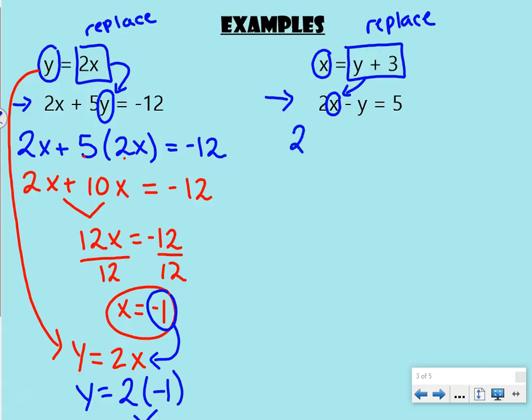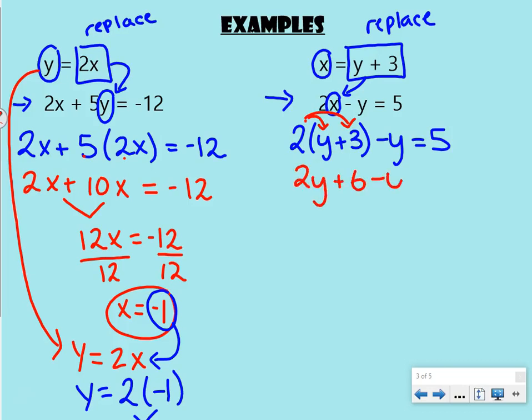So we say 2 in parentheses, y plus 3, minus y equals 5. You see how I continued the equation? We keep writing it. Now we solve. Distribute the 2 to the y and to the 3. 2y plus 6 minus y equals 5.